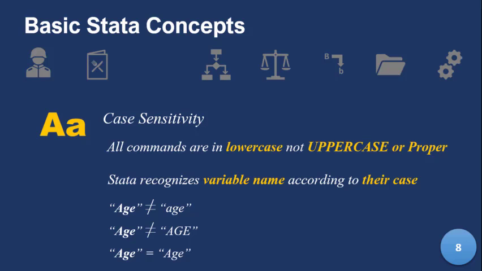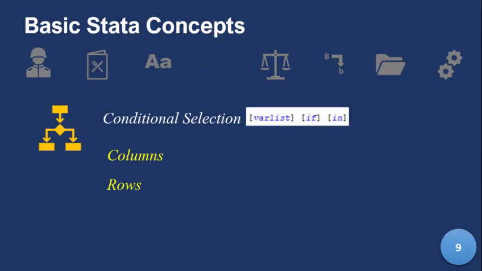Now the fourth concept I want to talk about quickly is conditional selection. This is very interesting, and I spend some time here and also in the practical session. Sometimes you want to select or deal with certain variables, and that's why you see the varlist that you saw in the command syntax. If you observe, most of the time we keep referring back to command, because that's the universe around which Stata works.